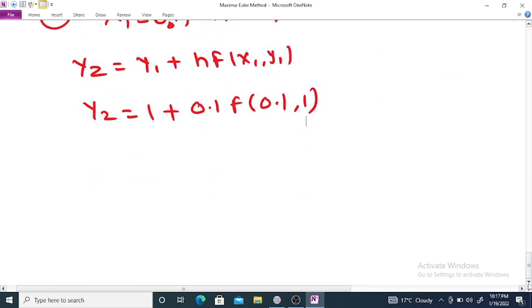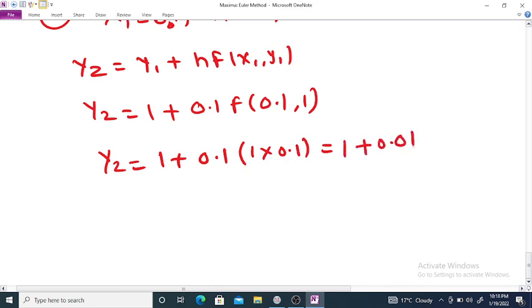So y2 is equal to 1 plus 0.1 into 1 into 0.1. So 1 into 0.1 is 0.1, and if we multiply 0.1 into 0.1 we get 0.01, therefore y2 is equal to 1.01.